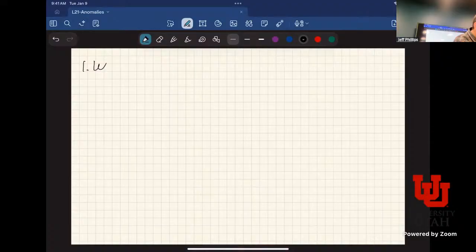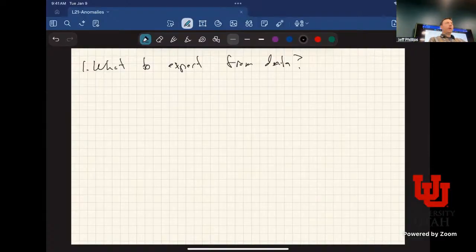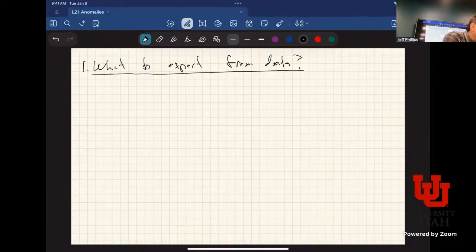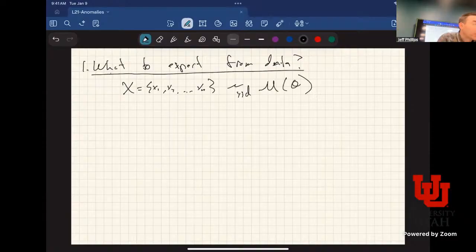Number one, what to expect from data. We're going to work with a model where we assume X, x1, x2, up to xn, are IID from some distribution mu, and it's going to have a parameter.